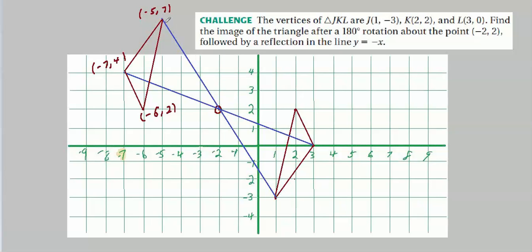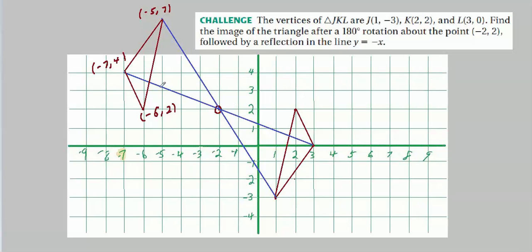Do the same thing here. So this is like over 3, over 3, and here we went up from -3 to 2, that's 5, and from 2 to 7, that's 5 units. So here we have the image after rotating it 180 degrees.